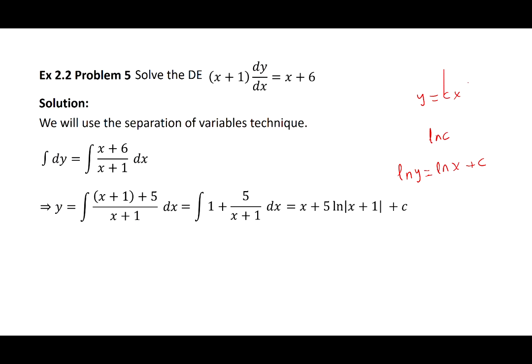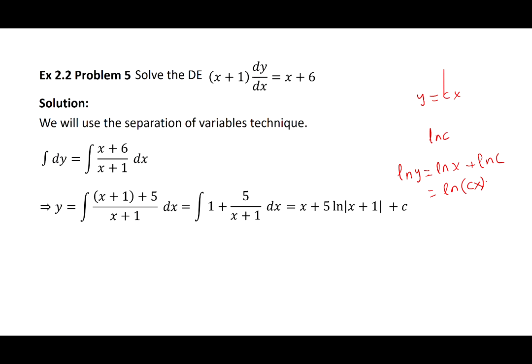Well, what they've done is, they said, I'm not going to take the constant to be just c. Instead, I'm going to call it natural log of c. And then recognize that this is natural log of c times x, x times c, or c times x.